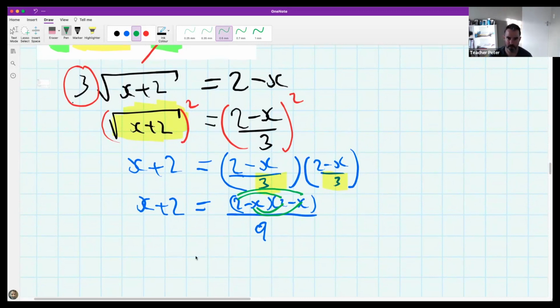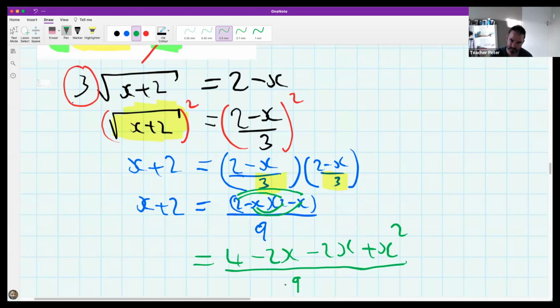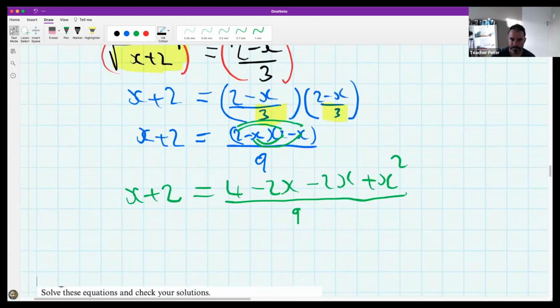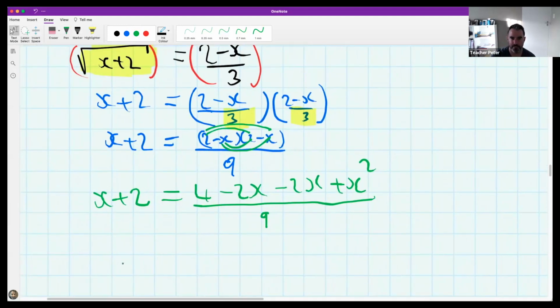Okay, so 4 minus 2x minus 2x plus x squared over 9. And then I've got an x plus 2 hanging out here. But there's a couple of things I have to deal with. I have to clean up this mess over here, and I think I know how to do that.